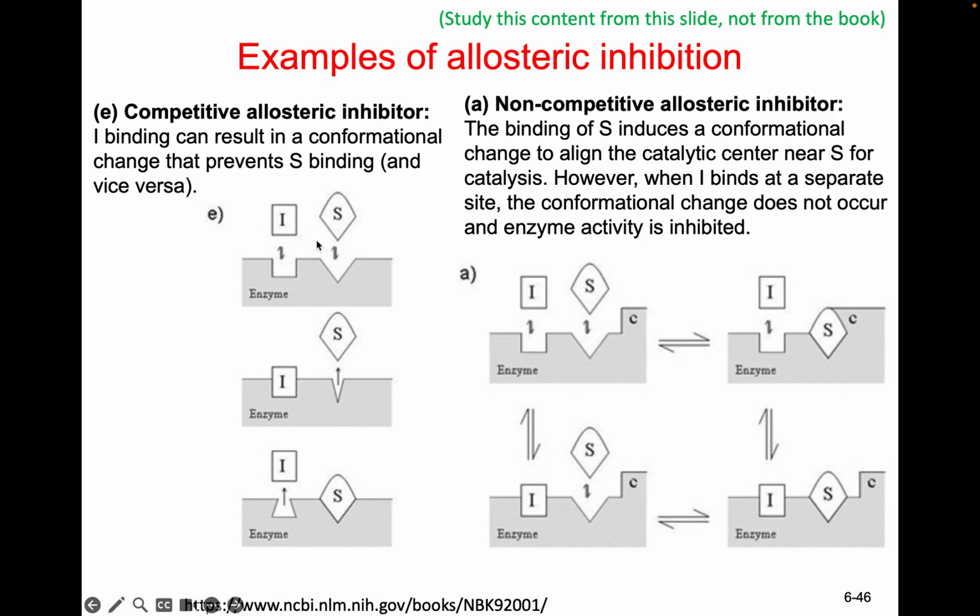It can bind to the active site, as long as it also binds somewhere else. So in this case, it's binding to another place that's changing the active site conformation, preventing the S from touching it anymore. The substrate cannot bind down here anymore, because the inhibitor has caused a conformational change.